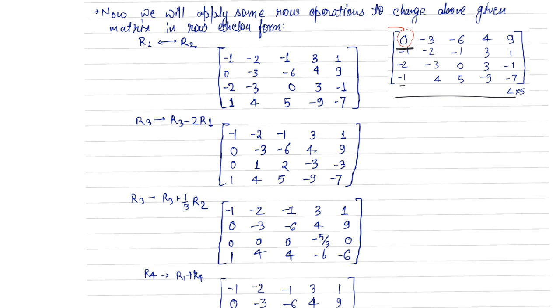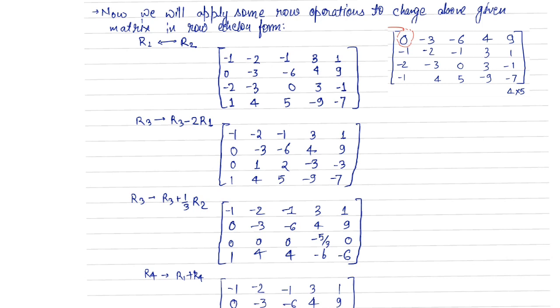If we multiply any number by 0, it will always be 0, and adding 0 to minus 1 will not make this point 0. So what can we do? If we exchange row 2 with row 1, then it is possible to make this point 0.